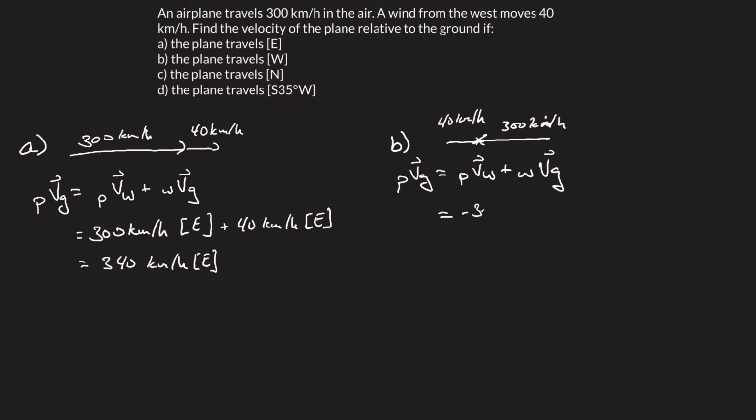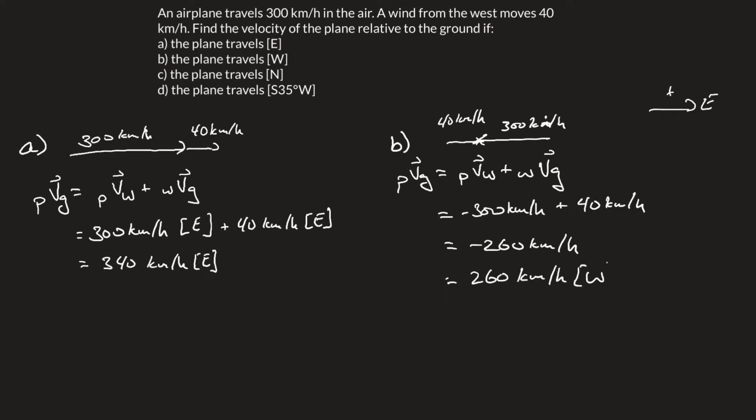So I'm going to say negative 300 kilometers per hour plus the velocity of the wind, which is positive because it's moving to the east, is 40 kilometers per hour. That leaves us with negative 260 kilometers per hour. And to report this as a positive value, recall that because I said that east is positive, that means west is negative. So this is a negative value. That means that my resultant vector is 260 kilometers per hour in the west direction.